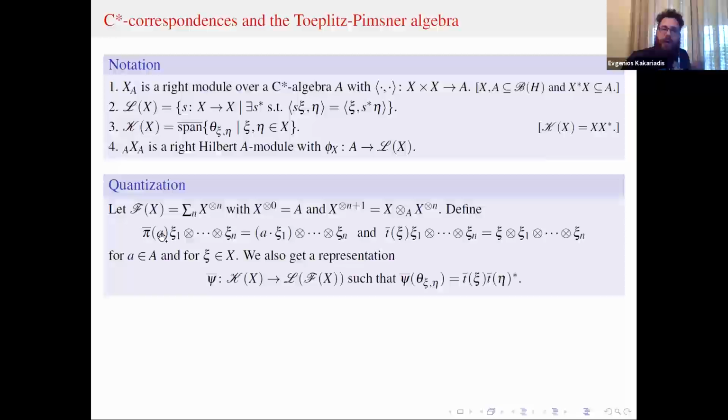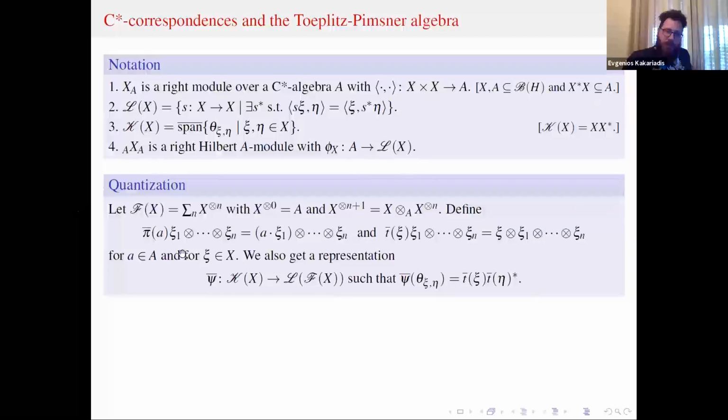For any element in A, you just act on the left on the first factor. And for every xi in X, you define the left creation operator that just adds xi as a tensor to what it says. You also get for free a representation of the compact operators that does what you would like: the rank one operator xi eta star is taken to t_xi t_eta star.